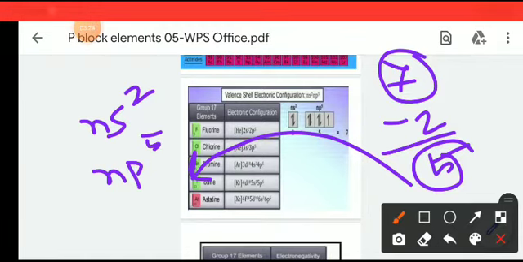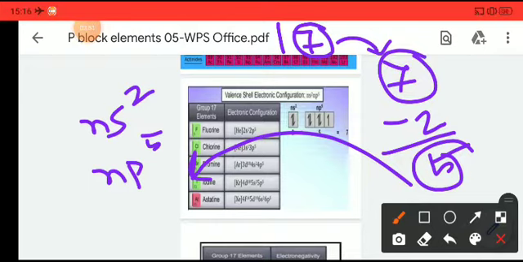So how can we get that? We can get that by knowing in which group the element is present. In group number 17, the last digit is 7, so the number of valence electrons will be 7, and the valency would be 8 minus 7, that is 1. So the oxidation state should be -1 and +1. These 7 valence electrons will be present in ns and np orbitals.